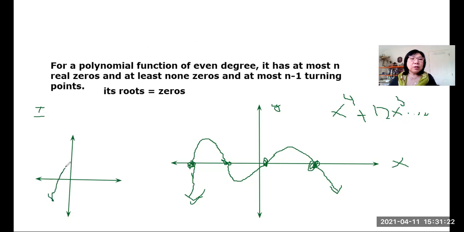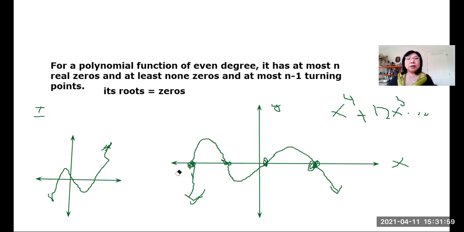You start down here as well, but then it's going up here. Now you can see that the end behavior direction of this polynomial function is not the same. This is down and then goes up. So the end behavior of this function is not the same direction, and this you can say is an odd function. It's not an even degree because the directions are not the same. So that's one of the characteristics I want to point out to you.